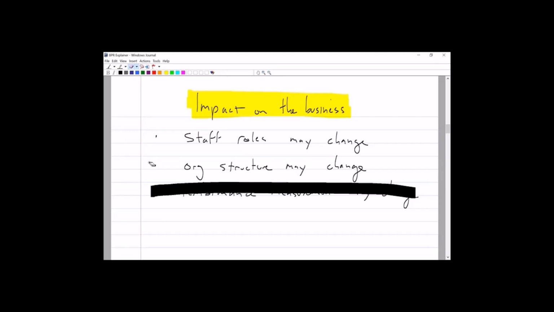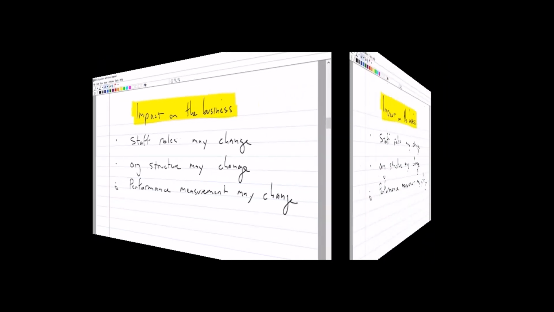So the structure of the organization has the potential to change. And if we're doing new things, we have new processes, we might have to measure our activities in a new way. We're going to look at all of this shortly with a real business example.